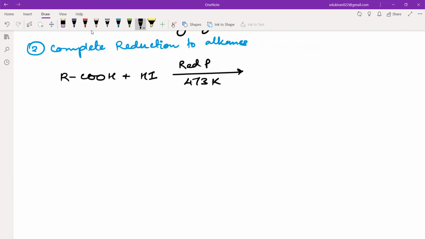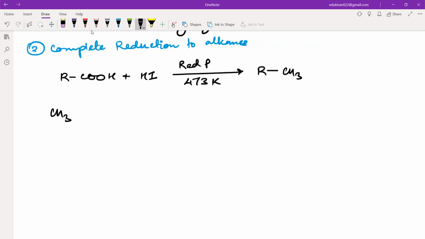What is important in this reduction is that you are going to get the same number of carbon atoms as the parent carboxylic acid.